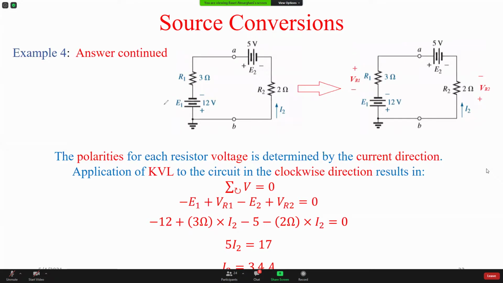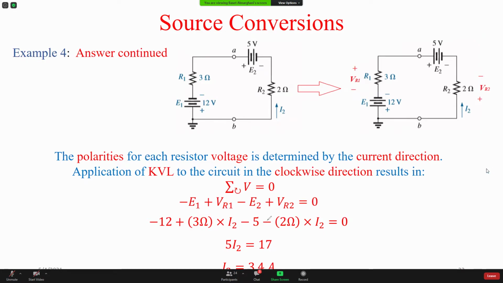So shouldn't that be like 1 ohm? Why? Because it's 3 minus 2? Who said it's 3 minus 2? Because there's a minus sign in front of 2. Oh, you mean this one here?